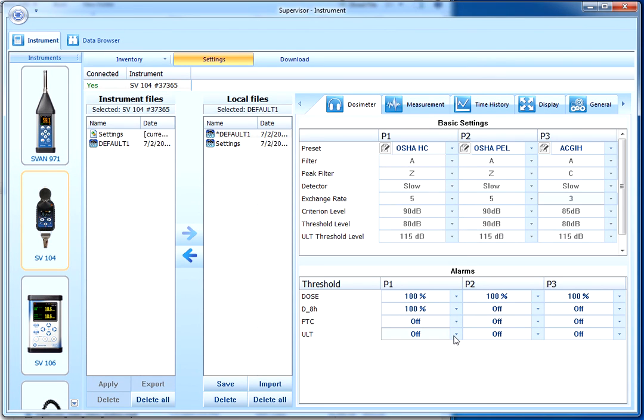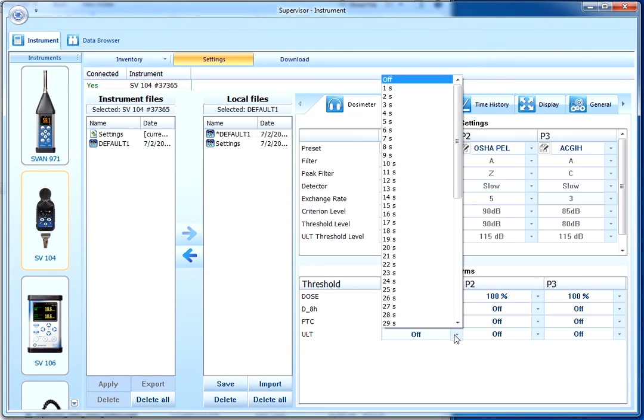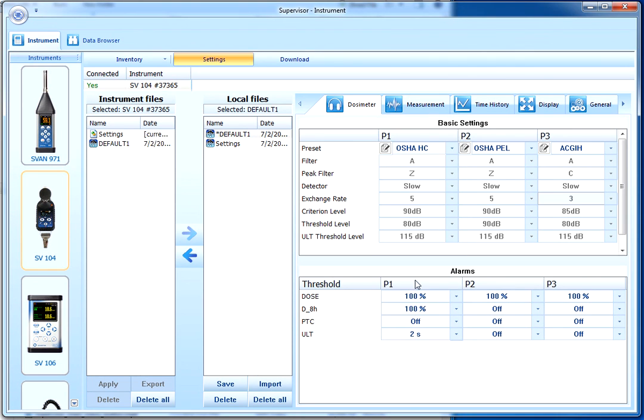The upper limit time threshold value is a time limit. This will tell us and warn us if the 115 dB level that we've set in the ULT threshold level setting for the individual profile is exceeded for more than 2 seconds.